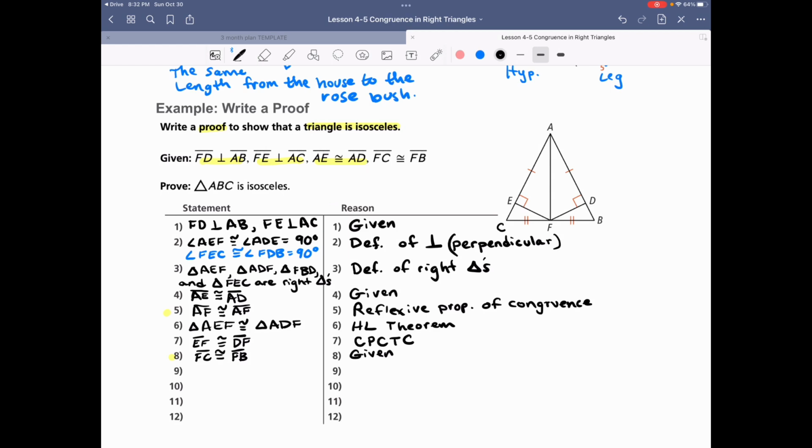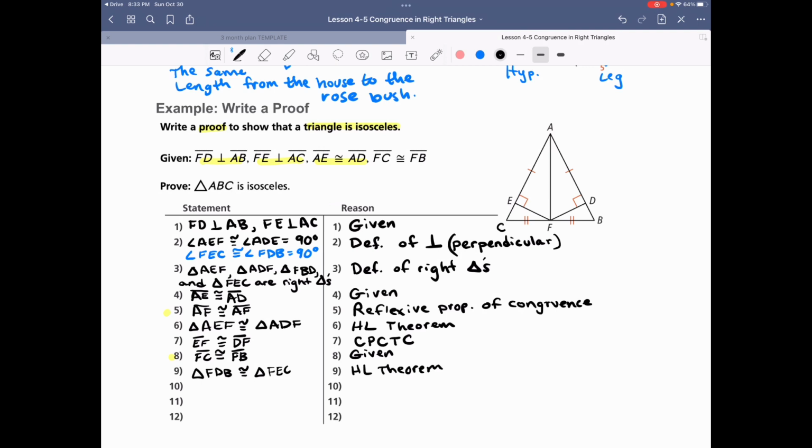From this given statement, we can prove that triangle FDB and triangle FEC are congruent because of the hypotenuse leg theorem. Right?